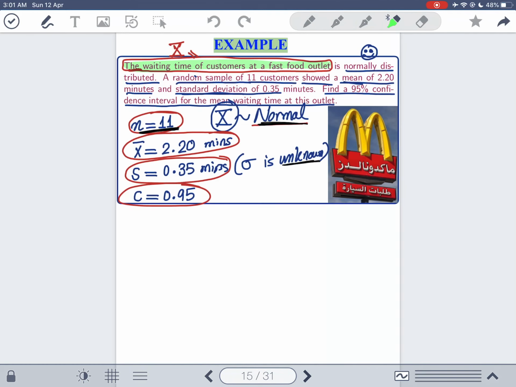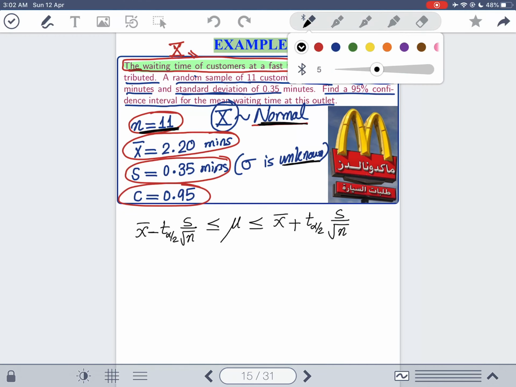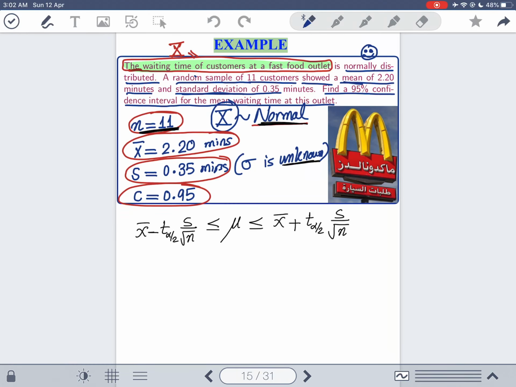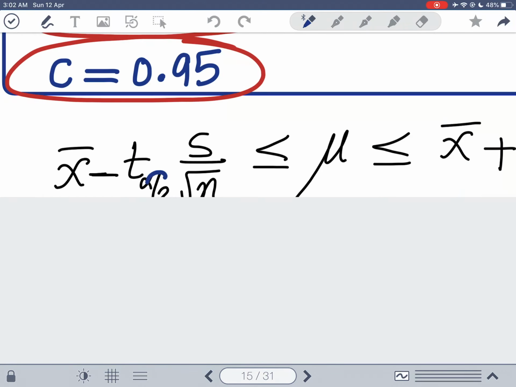So we have mu is going to be between x bar minus t sub alpha over 2 s over radical n, and less than or equal x bar plus t sub alpha over 2 s over radical n. And notice that if your textbook uses c, you'll put c here.